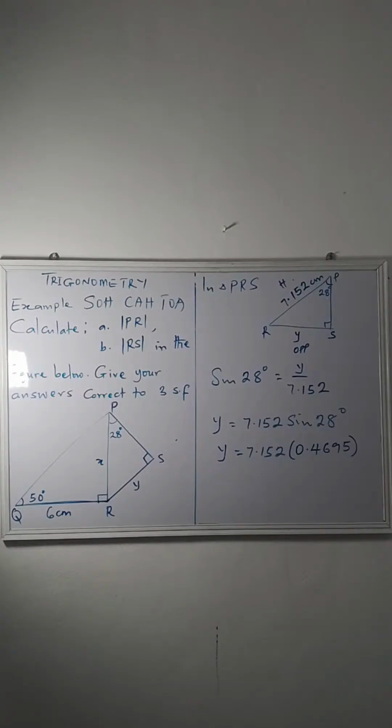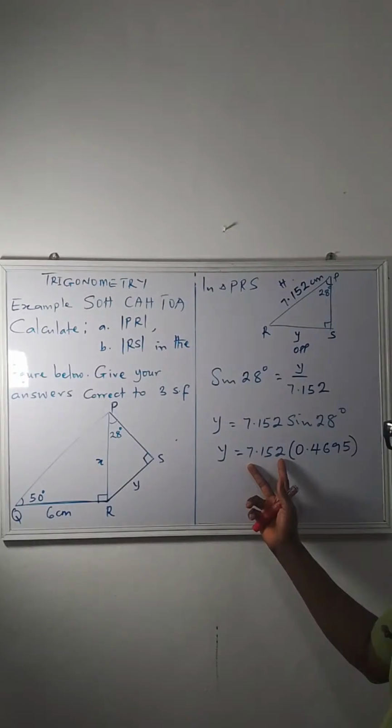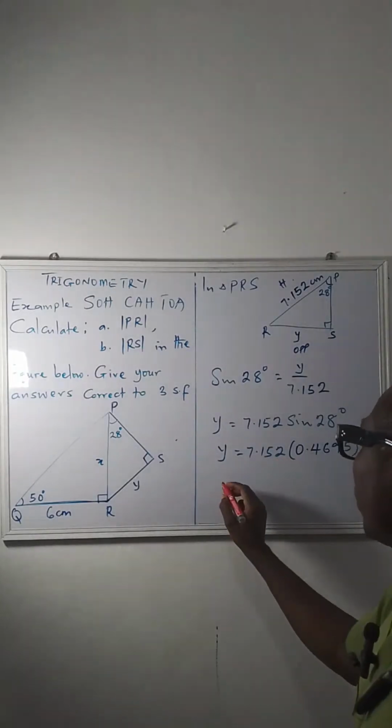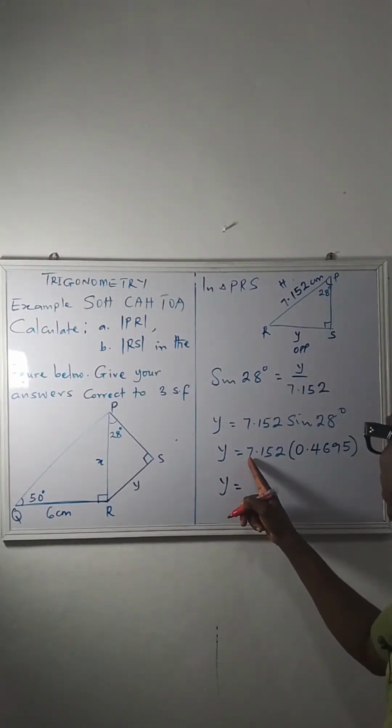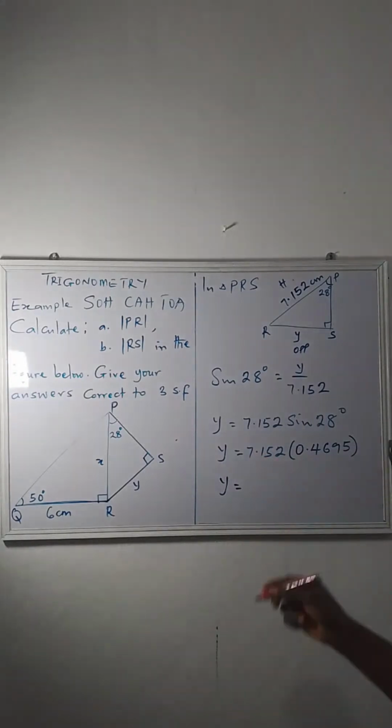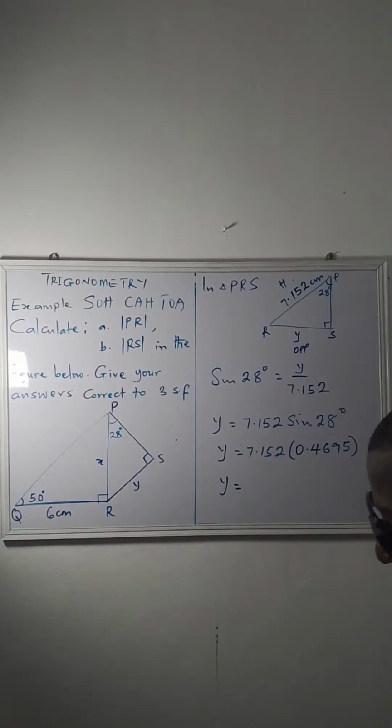All right, so now the next thing is to use this to multiply this. So you multiply 7.152 times 0.4695. If you do that, what do you have? 7.152 times 0.4695.